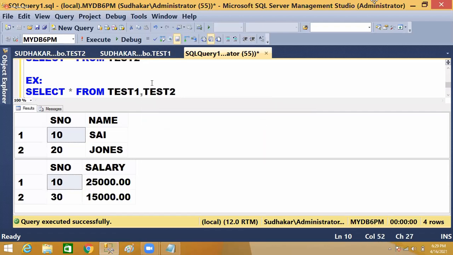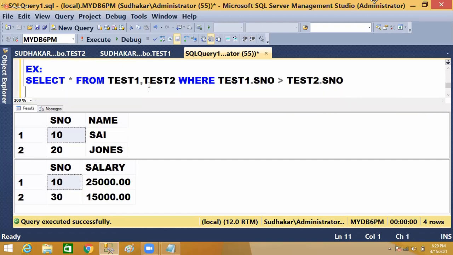Then test2, and in my where clause, the condition should be written using any operator, but don't use the equal operator. So I'm passing, for example, test1.serial number is greater than test2.serial number. In this condition, the operator I'm using is the greater than operator.